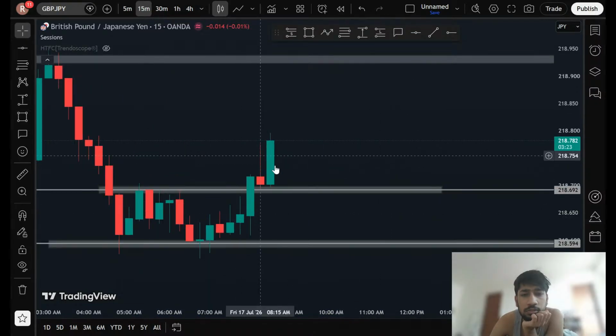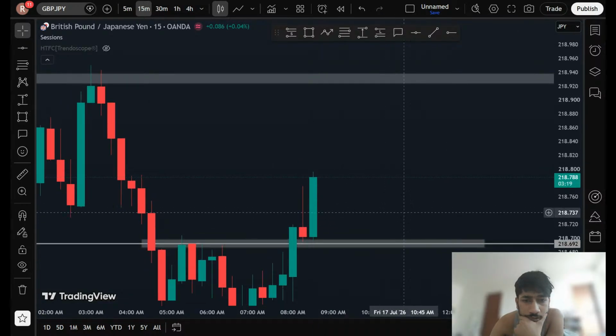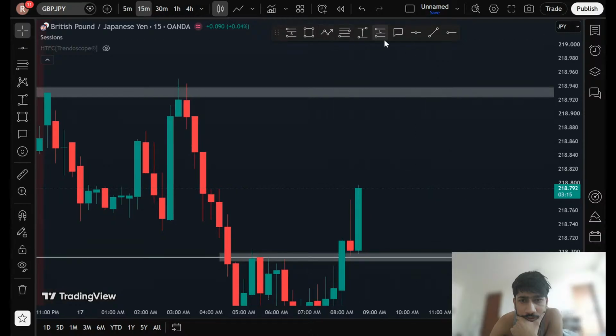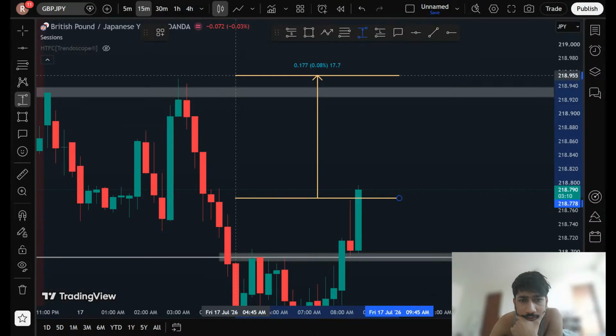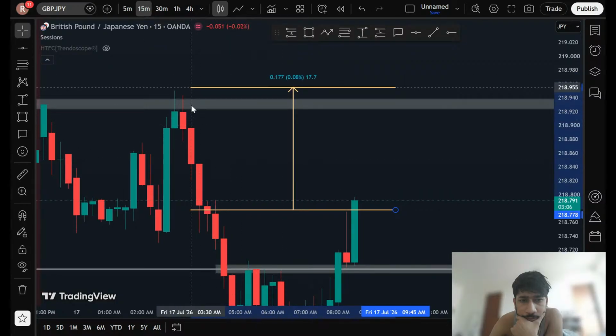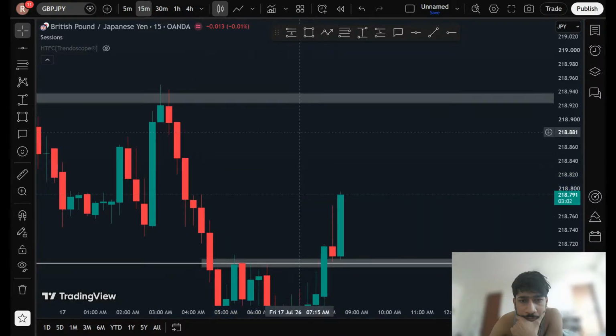We were consolidating, broke above, this candle found support. Out of 17 pips, you can easily get 6 pips, 7 pips.